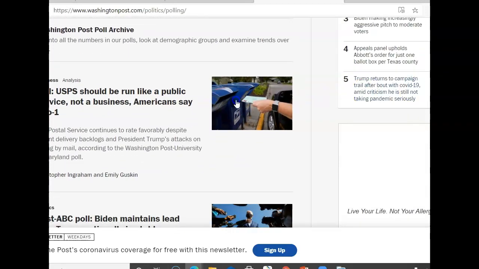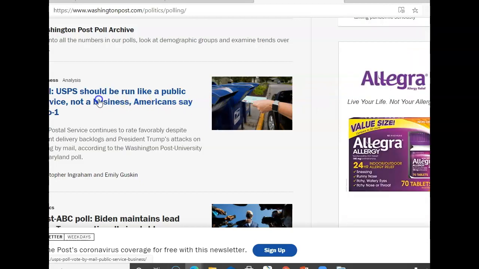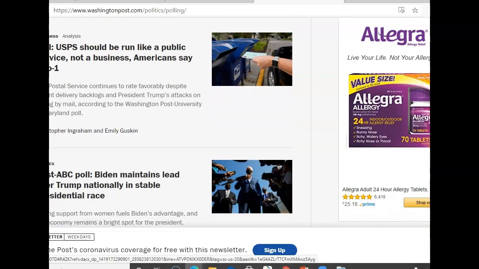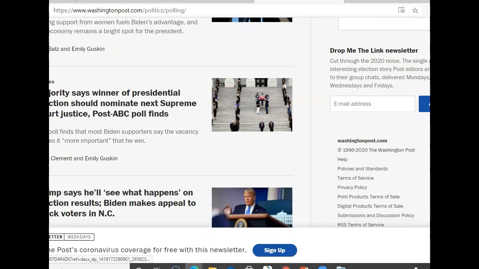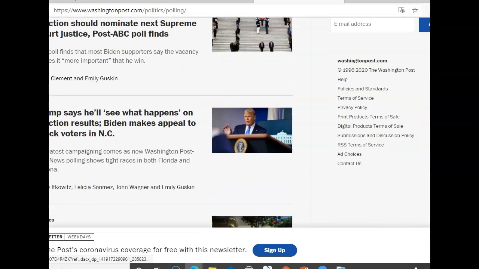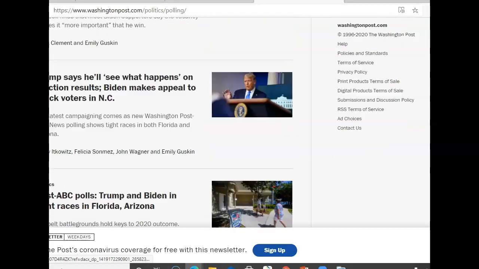And some may not be as obvious, like here, the United States Postal Service should be run like a public service, not a business. So there are different things that people are being polled about all the time, not just in an election year. And so we get the pulse of America, or not just America, but anywhere, through these polls that are generated.